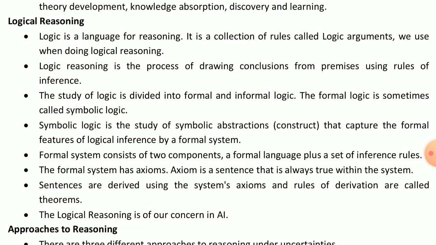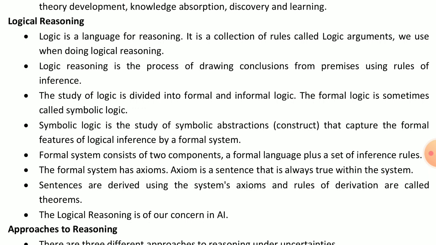Then first, logical reasoning is given. In this logical reasoning, first a basic explanation is given, and then some sentences are given for logical reasoning. Logic is a language for reasoning. We all know what logic is.